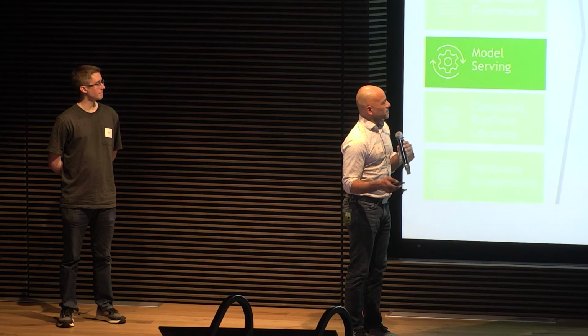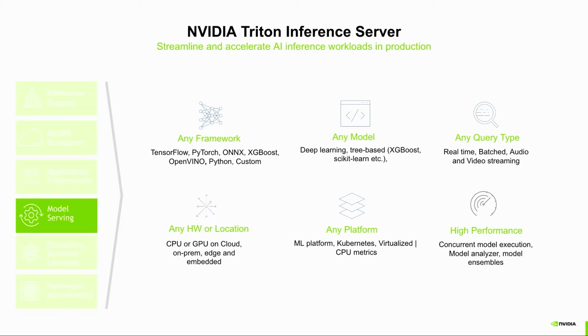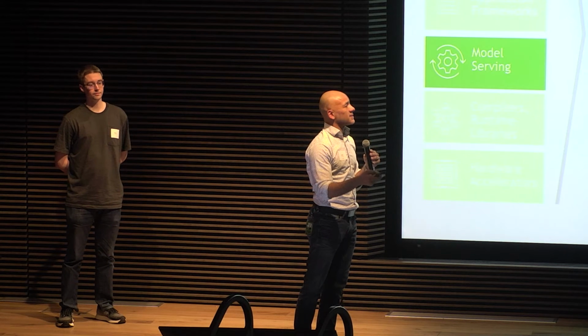So I think we talked a little bit about some of these capabilities as well. The fact that the product supports different frameworks, supports different types of models as well. So not just large language models, but there are some applications out there that might rely on tree-based machine learning capabilities like XGBoost, which is very popular in fraud detection and financial services, and can also be supported by the product.